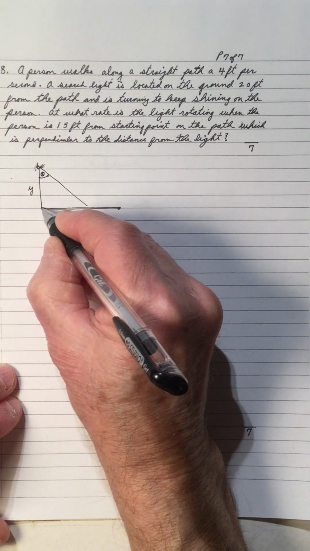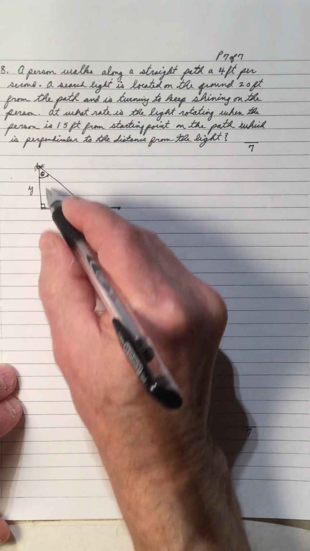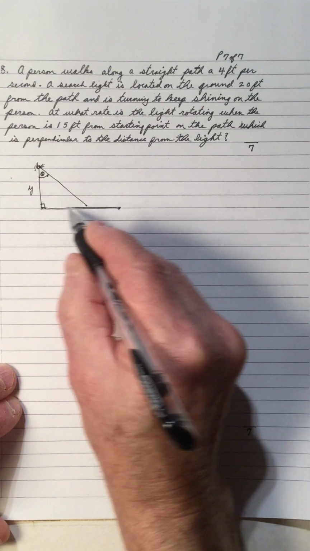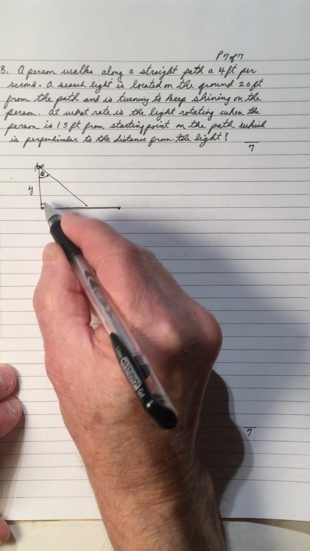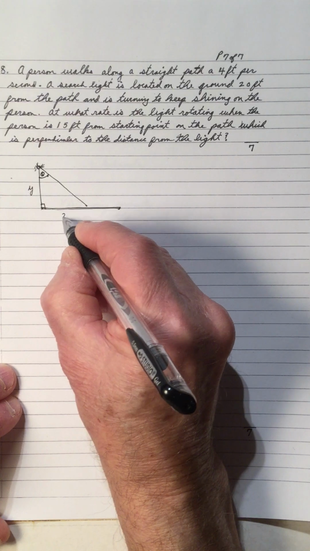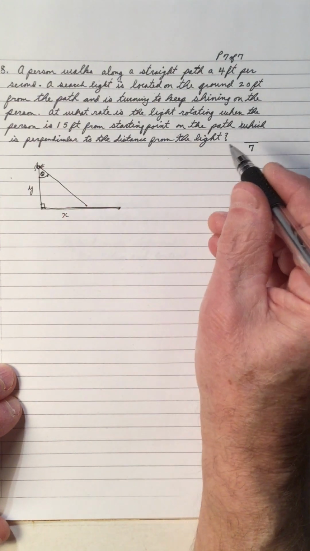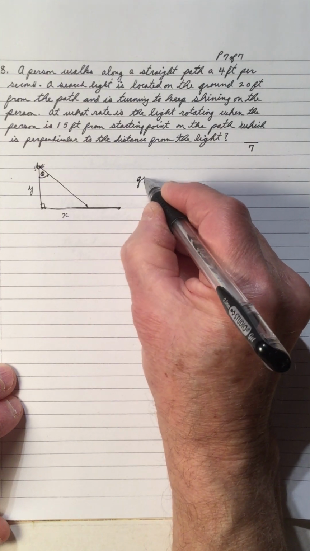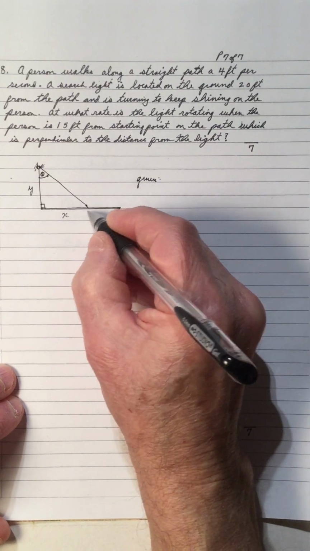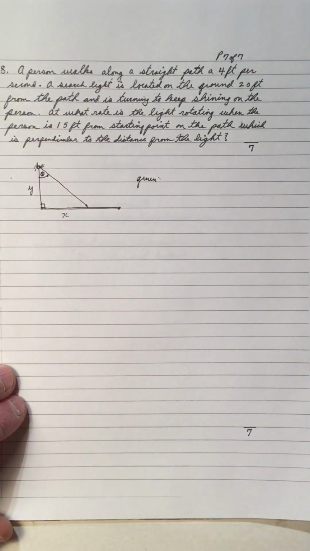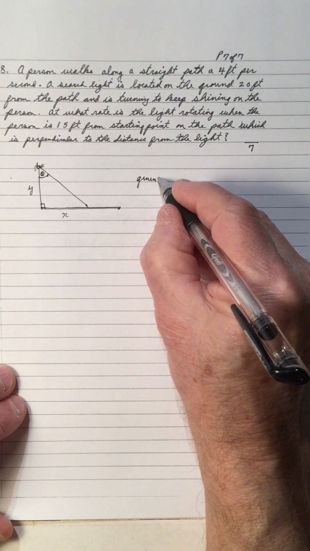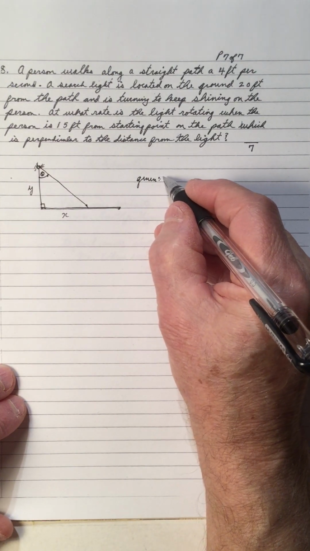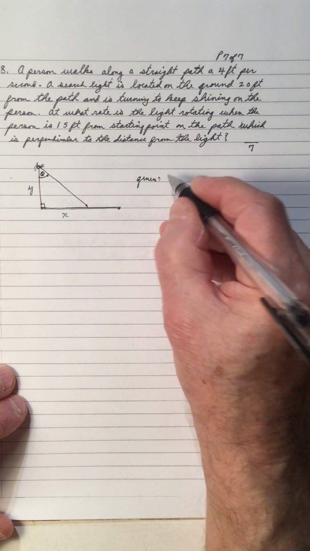and let's call the distance that the light, there's the walking path, so let's make a right angle here and call this y and call that x. So what we have is, let's write down the given. I like to draw the diagram with the x's and y's and theta, so that when I write down the given we can see what's happening.